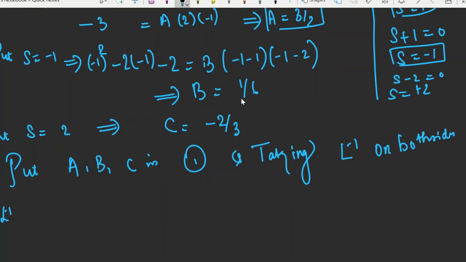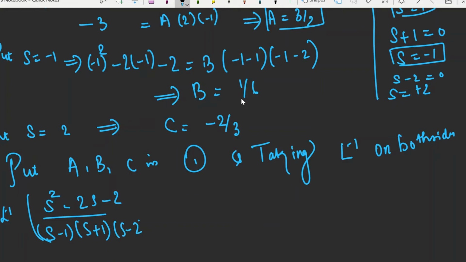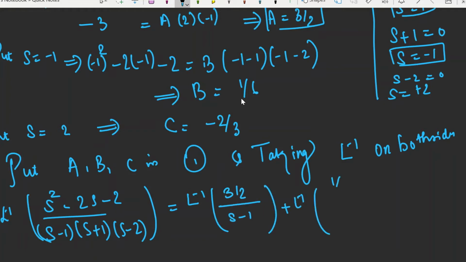So L inverse of s square minus 2s minus 2 divided by s minus 1, s plus 1, s minus 2 equals L inverse of, a value is 3 divided by 2, over s minus 1, plus L inverse of, b value is 1 divided by 6, over s plus 1, plus L inverse of, c value is minus 2 divided by 3, over s minus 2.